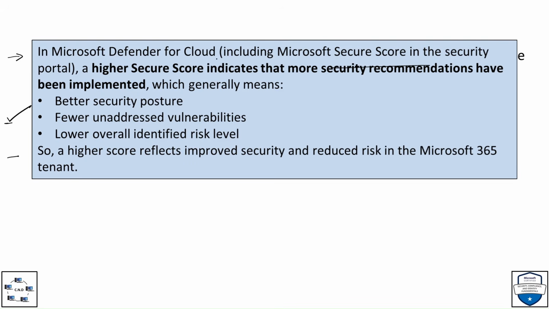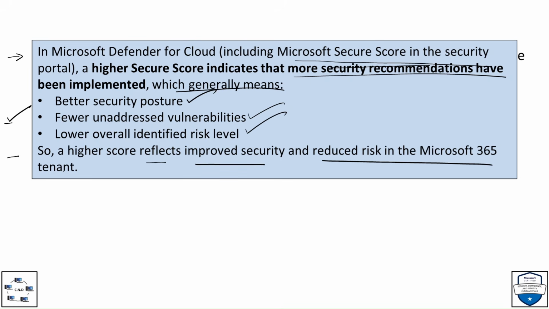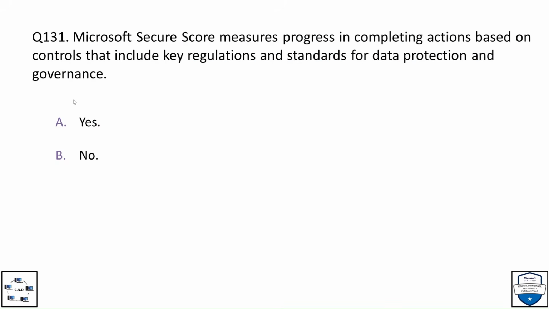So in Microsoft Defender for Cloud, including Microsoft Secure Score in the security portal, a higher secure score indicates that more security recommendations have been implemented, which generally means better security posture, fewer unaddressed vulnerabilities, and lower overall identified risk level. So a higher score reflects improved security and reduced risk in the Microsoft 365 tenant.